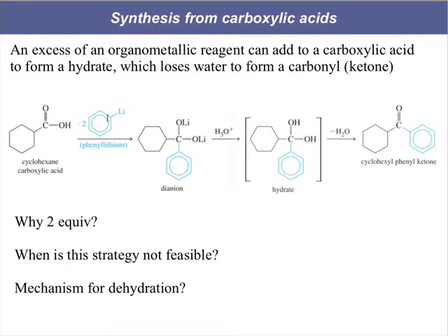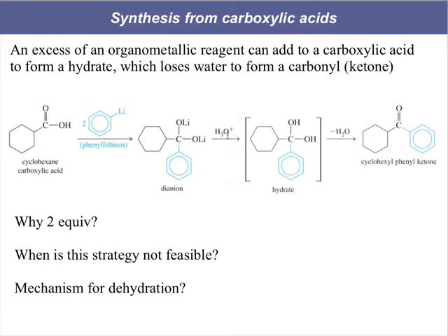The second lithium reagent will add to the carbonyl, kick up the electrons onto the oxygen, and that gives us our one addition. Notice that we have a dianion because one oxygen got deprotonated by the phenyllithium, so we have the O lithium there, and the other oxygen turned into an O minus when the lithium reagent attacked the carbonyl. So we have our two lithium ions pairing with our dianion there.